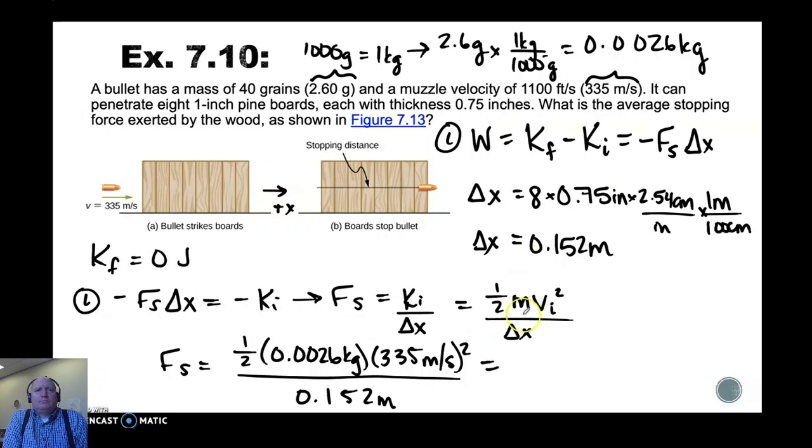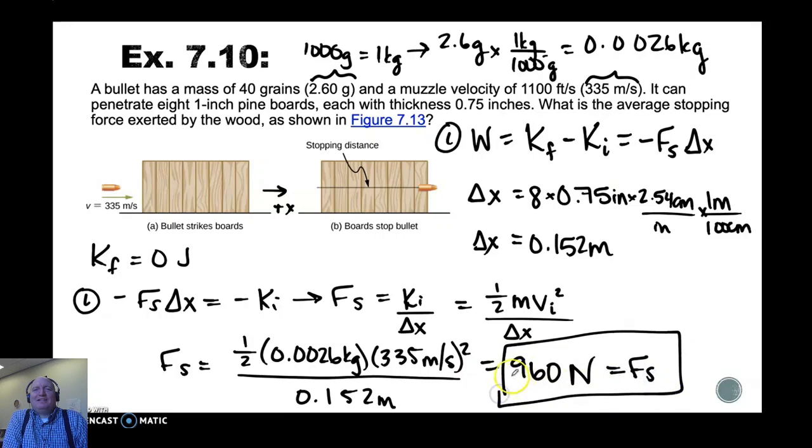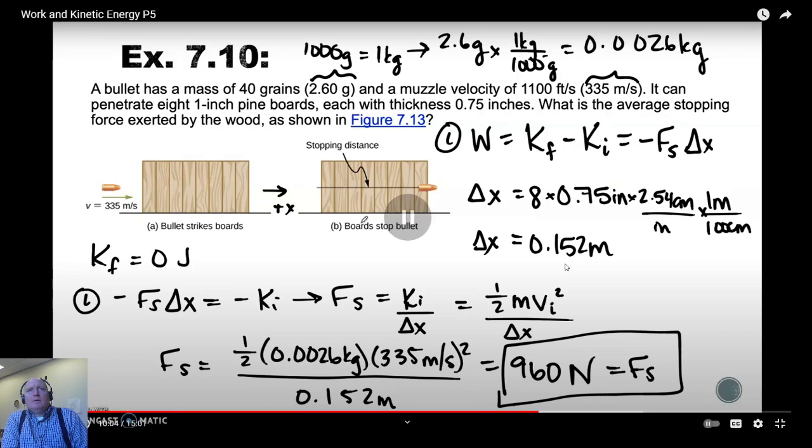And you'll get a stopping force of 960 newtons. Wow. Whew. So this is our stopping force. Wow, 96 g's. That's the stopping force exerted by the wood. Okay? All right, just going to stop there.